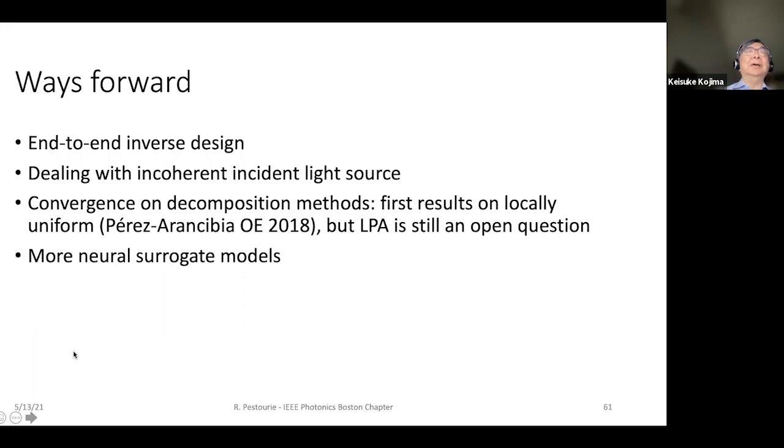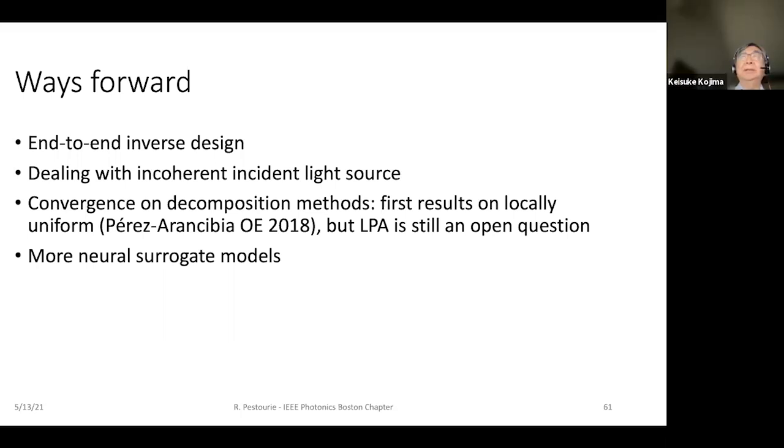Okay. If not, then I have one question. Is there a rule of thumb of when LPA breaks down, like let's say, 20 degrees, 30 degrees, or is it hard to generalize? Yeah, so you said, is there another solution than local periodic approximation?